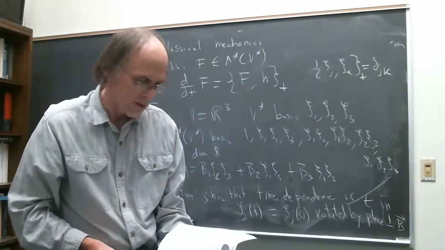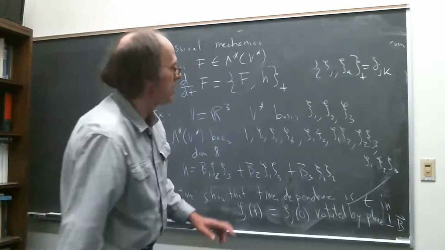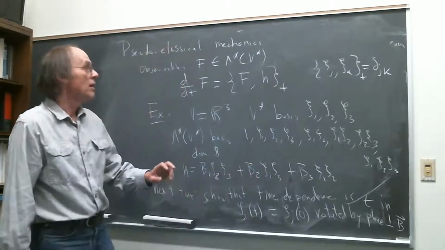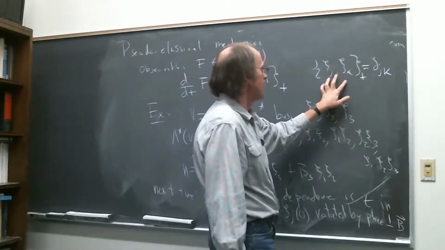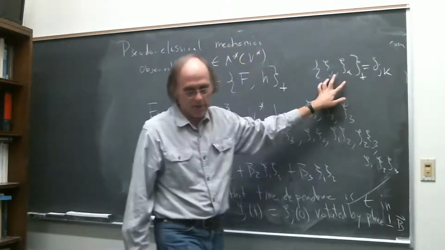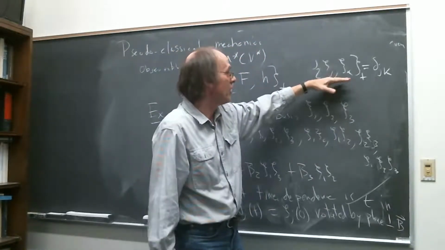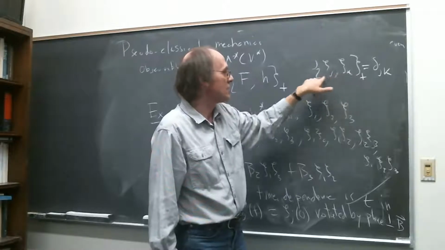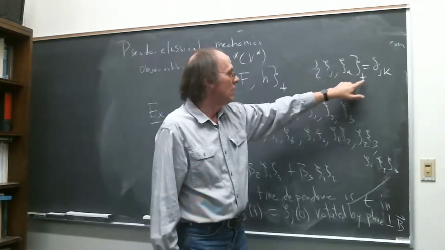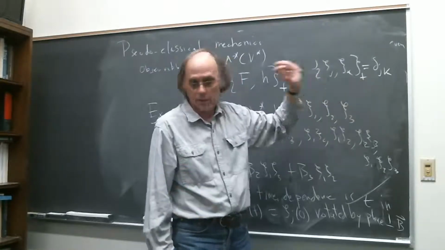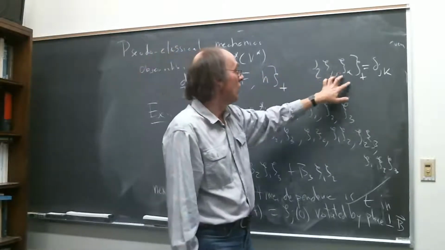I think I need the 2. No, I guess not. The 2 is hard to keep track of. But anyway, this thing is symmetric. This is just the standard inner product. This fermionic version of the Poisson bracket is just the usual inner product.